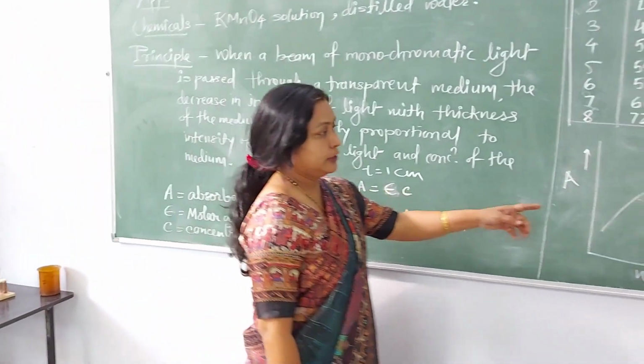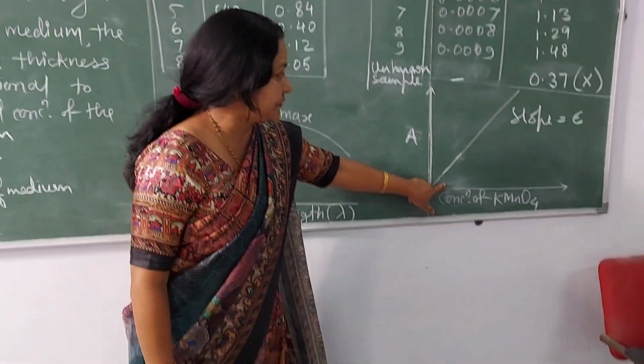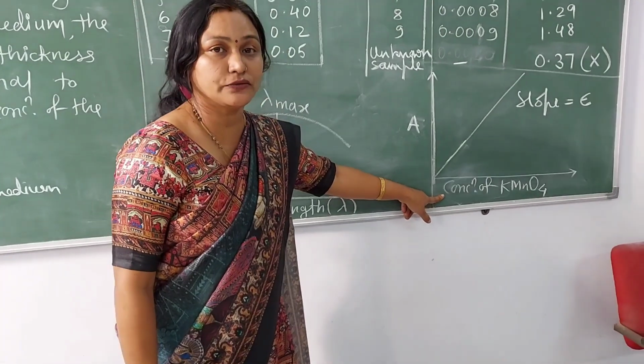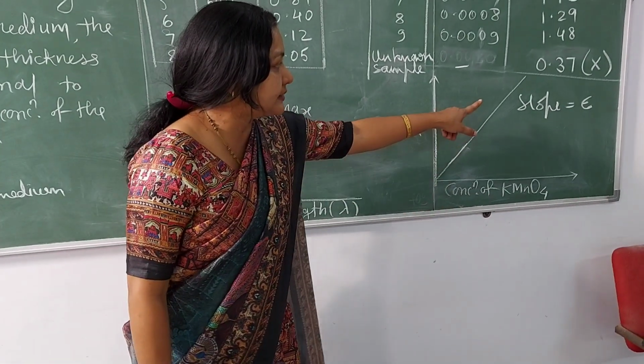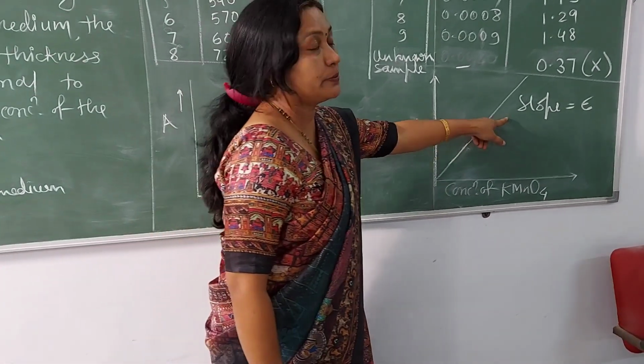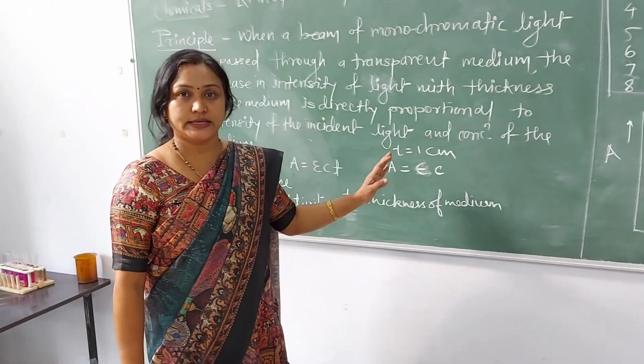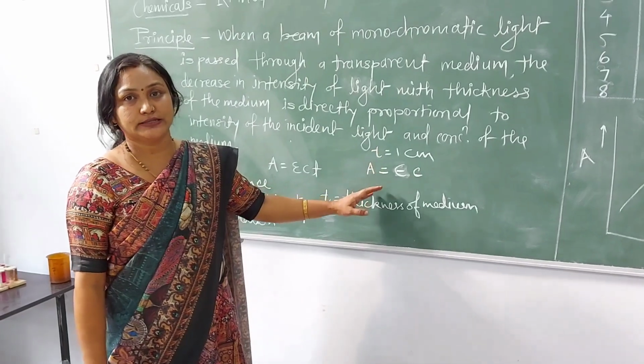This we can prove from this graph, that is a plot of absorbance versus concentration of the given solution. We should get a straight line and the slope should be equal to ε, because A = εC when t is equal to 1 centimeter.